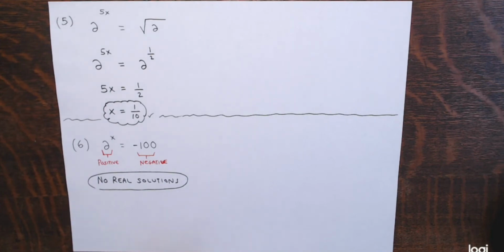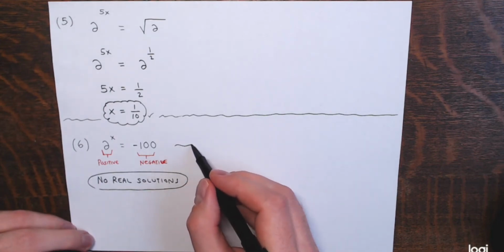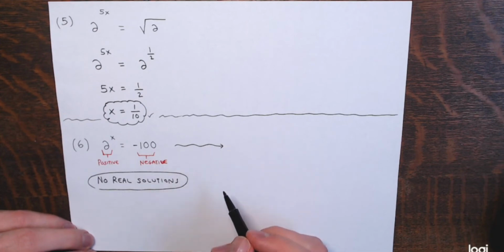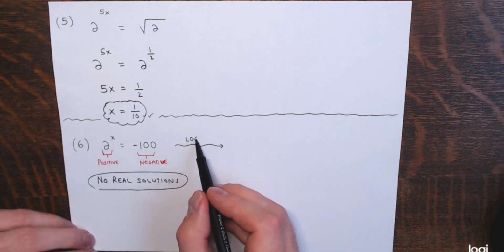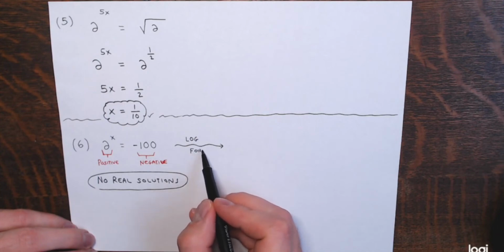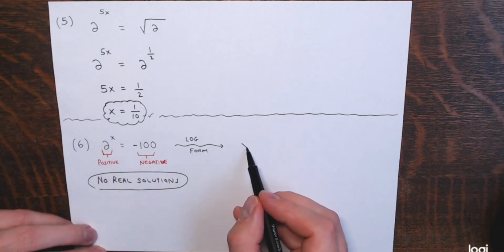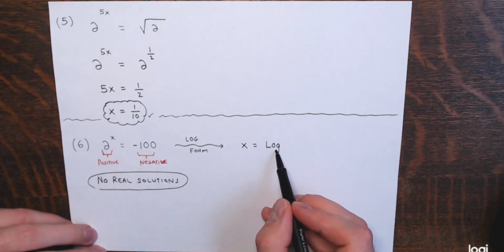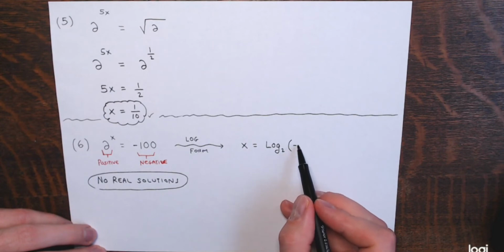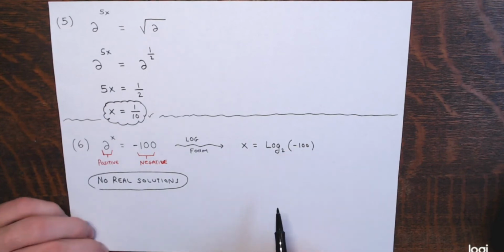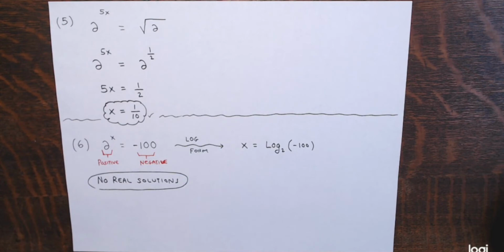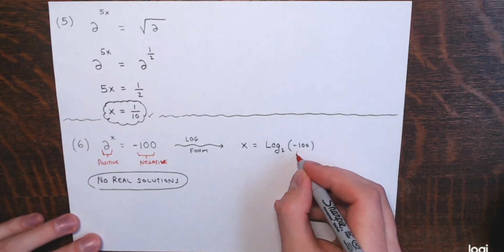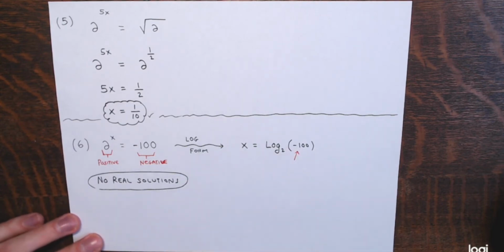Now another way you could see this is, if you were to change this to the equivalent logarithmic form, you would see that x equals the log base 2 of negative 100. And, oh, wait a minute, that's bad. Remember, you can't have a negative number inside a logarithm. We've seen this before, earlier in this chapter.